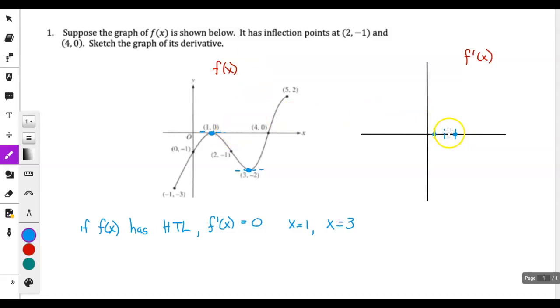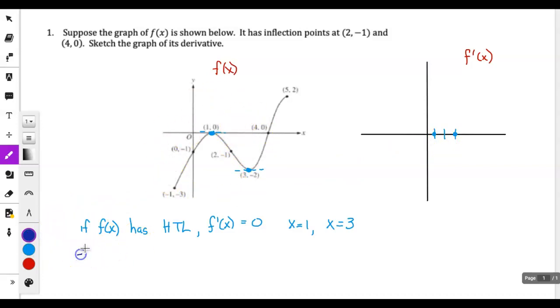Now the next thing I have to do is, if these are x-intercepts, these are the only places that this graph can cross the x-axis. I have to figure out where the graph is between these x-intercepts and before and after them. So if this is where I hit the x-axis, am I above or below the x-axis everywhere else? Let's go back. Here's the original.